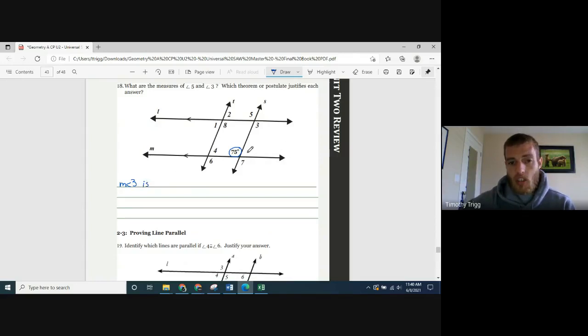So what's the relationship between the 75 degrees and angle 3 here? Are they corresponding? Are they same side interior? What are they? Hopefully you can see that these would be alternate interior angles.